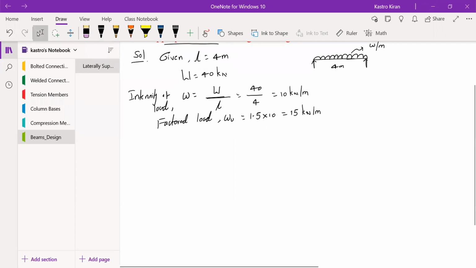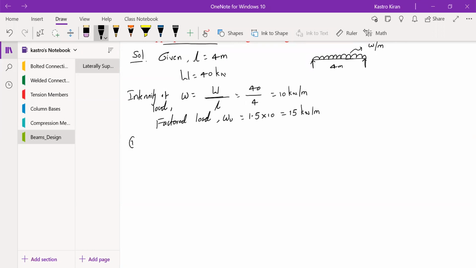Anyways, the first step is you need to find out the factored bending moment and the factored shear force, that is maximum bending moment and maximum shear force. So let's find out the bending moment and shear force.